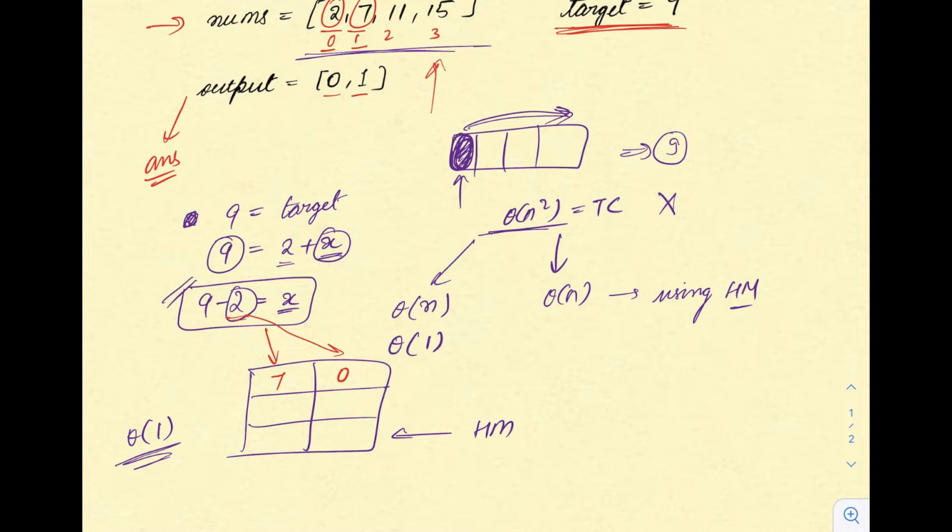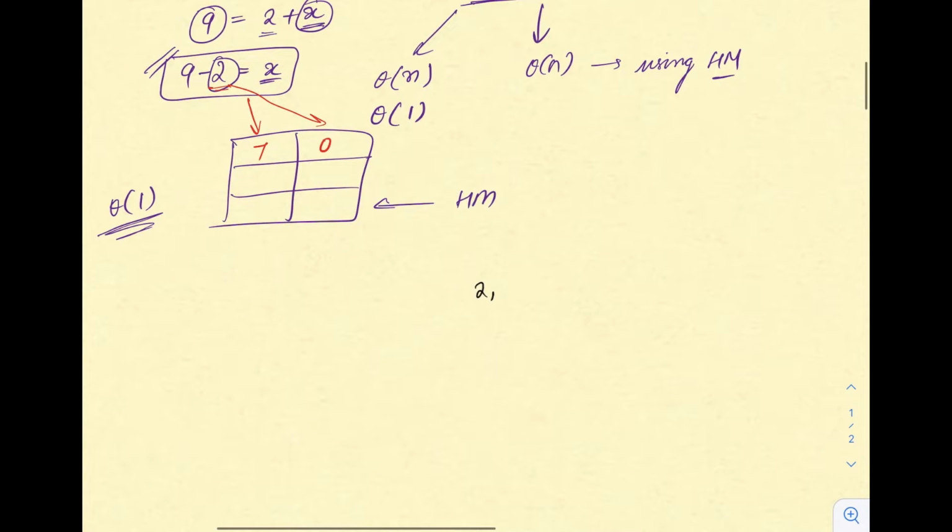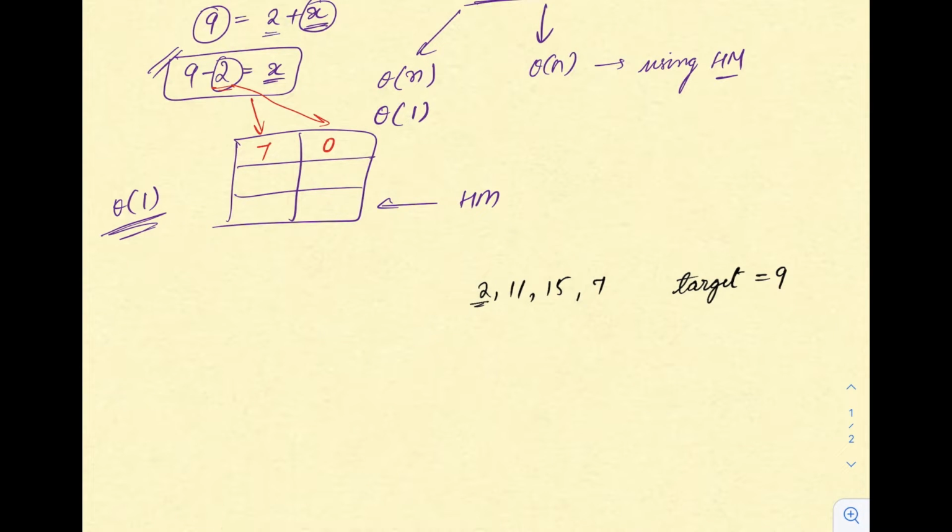So let's take another example: 2, 11, 15 and then 7, and the target would still be 9. We have just moved 7 to this position so that we can see the hash map better. One by one we will pick up the array elements and populate their counterparts in the hash map.